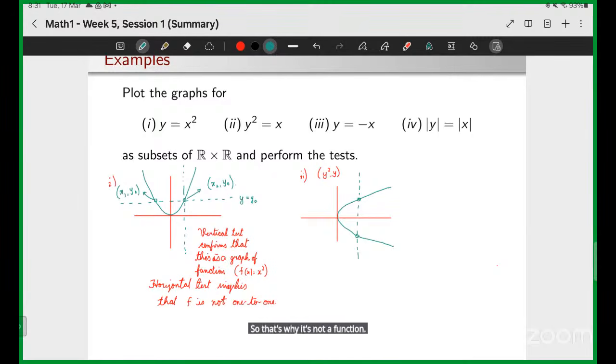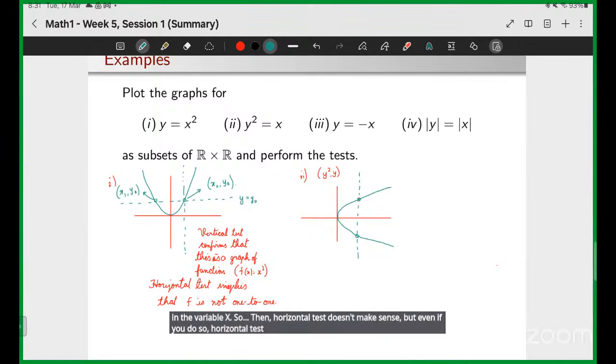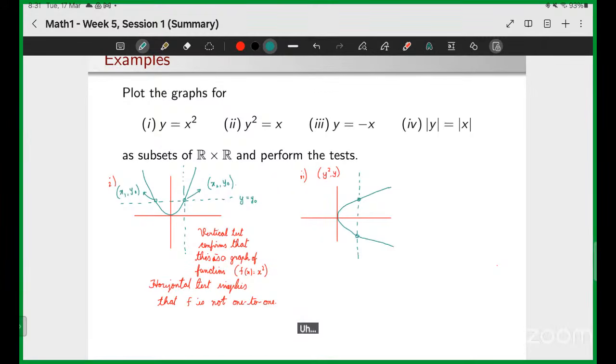So this is not the graph of a function in the variable x. So then the horizontal test doesn't make sense. But even if you do so, the horizontal test will pass because there is no horizontal line where there are two or more intersections. But this is not a function itself, so talking about one-to-one or not doesn't make sense for this.